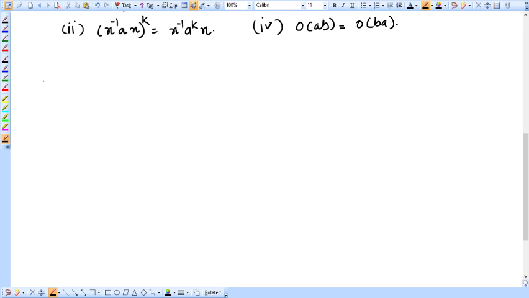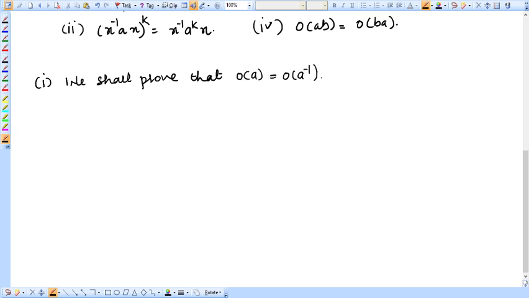So first result is we have to show that order of A is equal to order of A inverse.